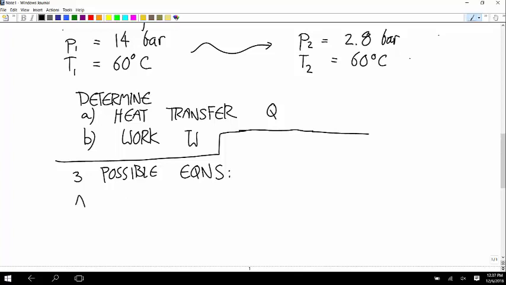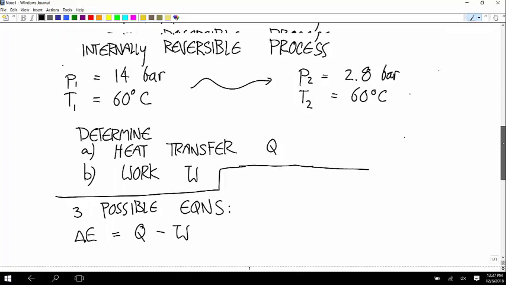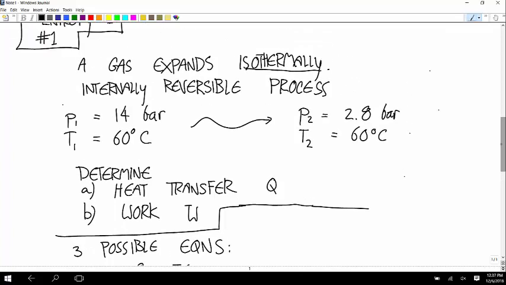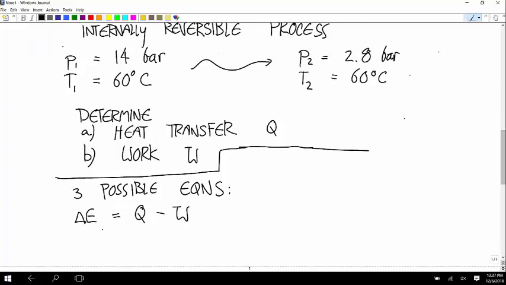That says the change in energy is equal to Q minus W. And it doesn't say anything about changing speeds or changing heights, so I'm just going to replace this change in energy with change in internal energy.